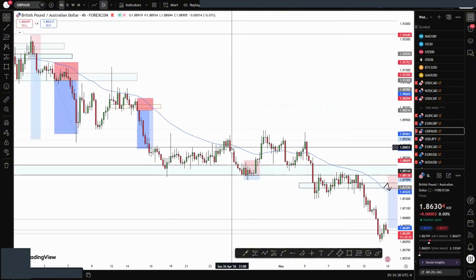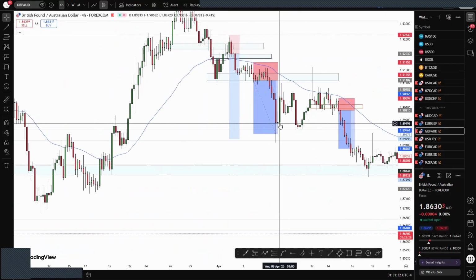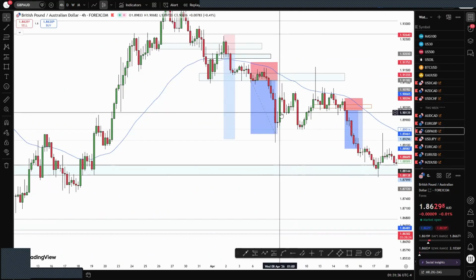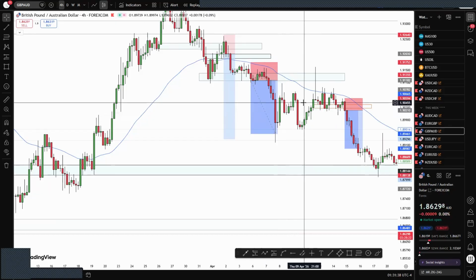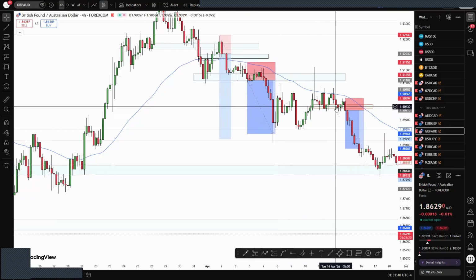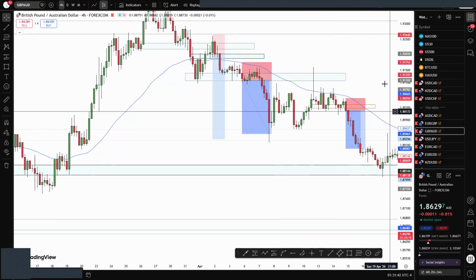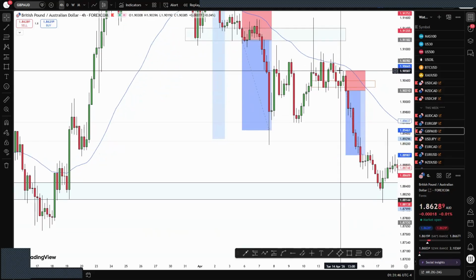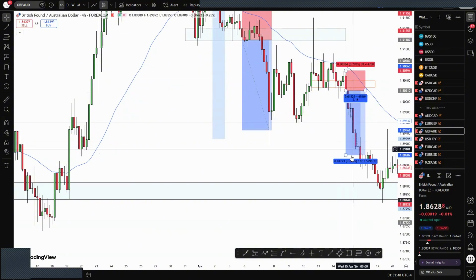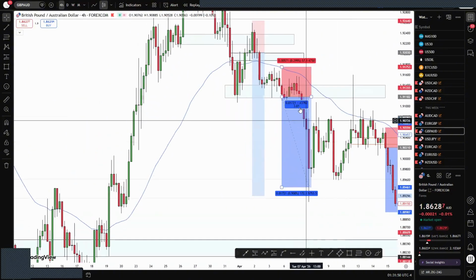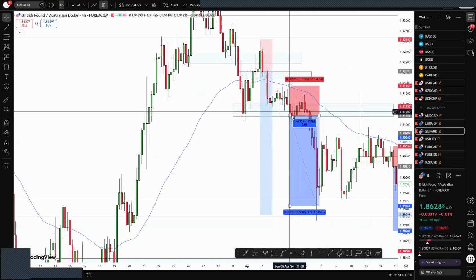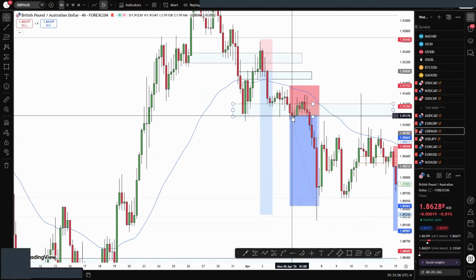Even this GBP AUD pair, as you can see, once I got this sell here and entered my sell there with my stop right around this level, price just went straight to take profit. I entered at this level, but I used the 1 hour time frame.